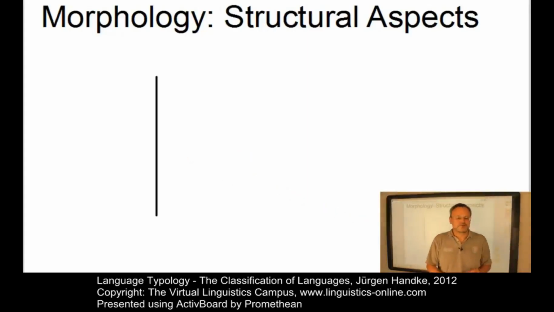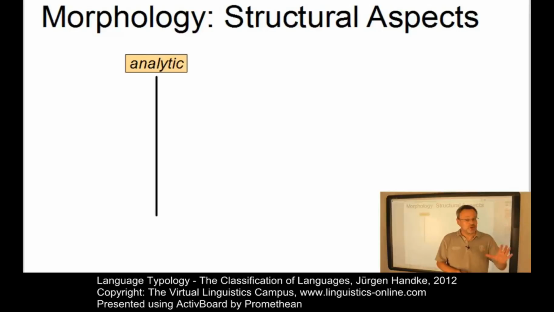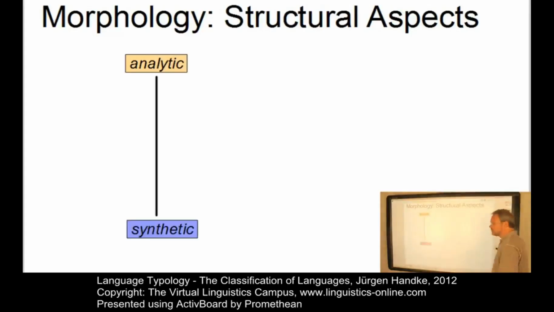At one extreme of this continuum, we find so-called analytic or isolating languages whose words have little or no internal structure. At the other extreme, we have synthetic languages which do allow the analysis of their words into smaller parts or morphs. Let us look at these two extremes in more detail.